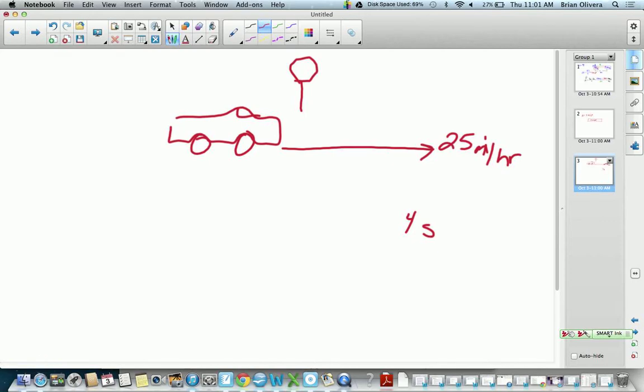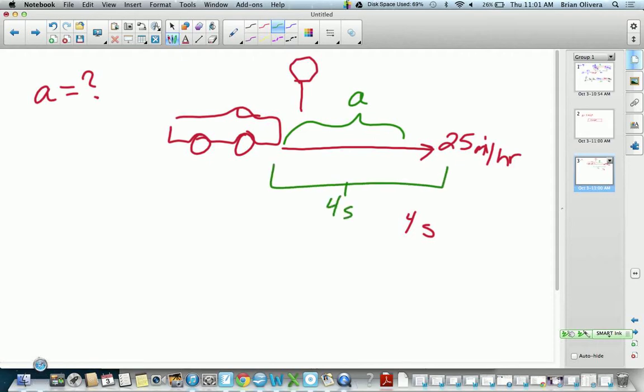And I ask you, okay, what is the acceleration? Well, when you look at this, I haven't really indicated what the initial speed is. That's something that you have to kind of reason with. So you know that the acceleration is occurring from here to here, and it's occurring over a time of 4 seconds.